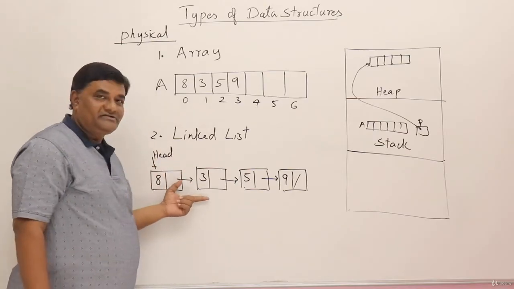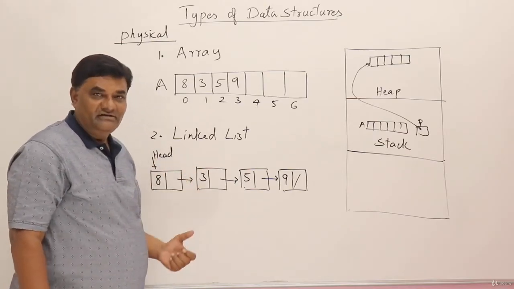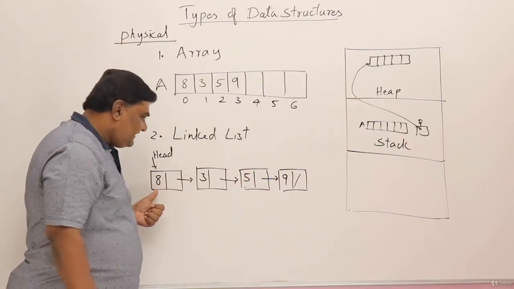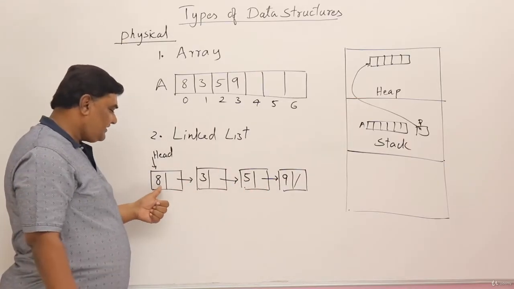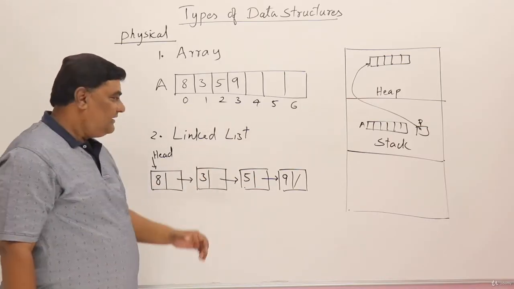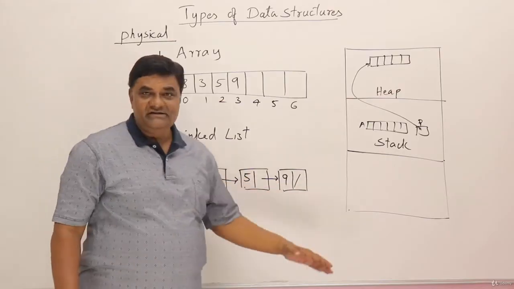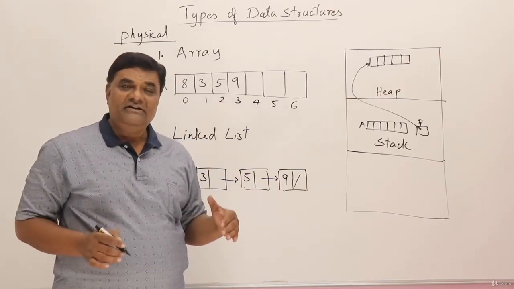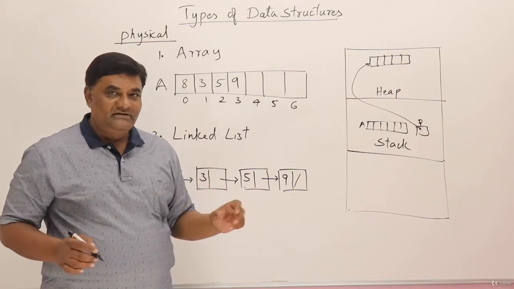Now the second data structure, linked list. This is a completely dynamic data structure, and it is a collection of nodes where each node contains data and a link to the next node. The length of this list can grow and reduce dynamically, so it has variable length.